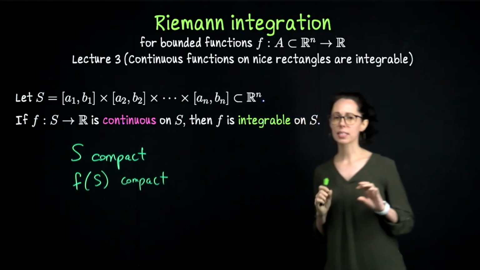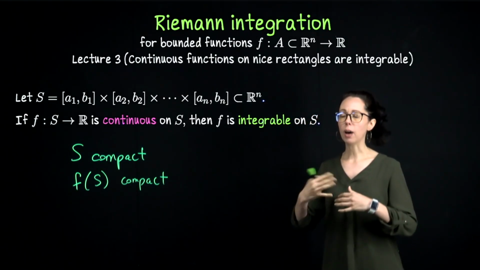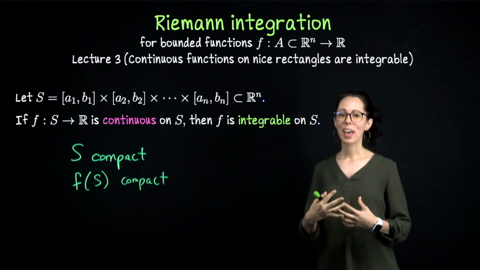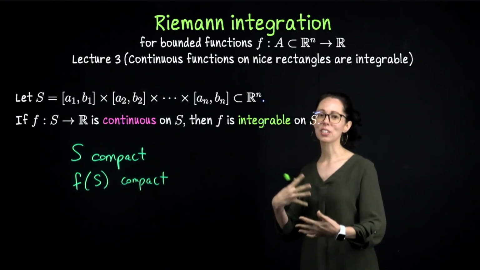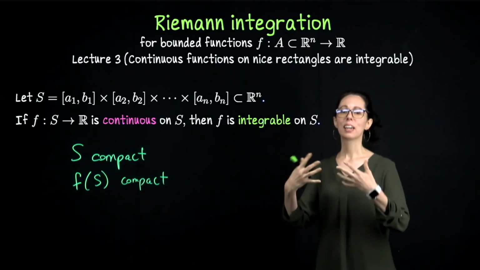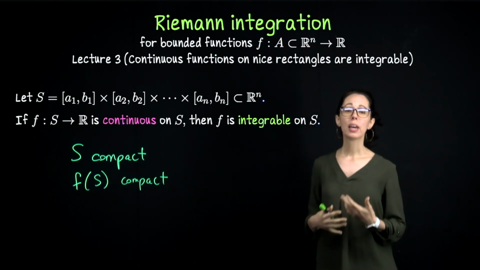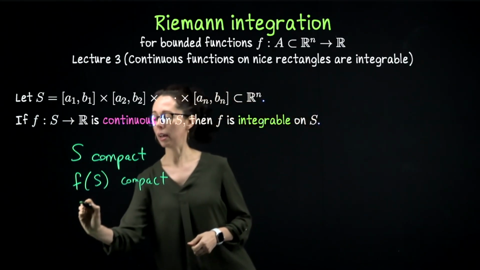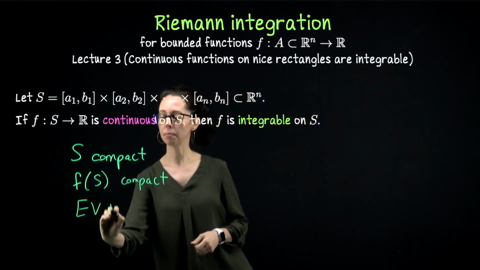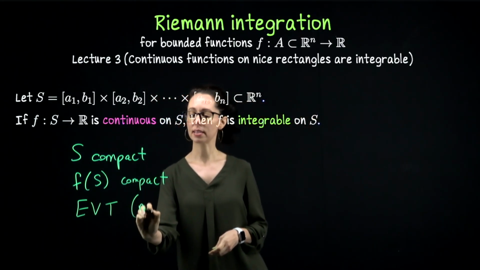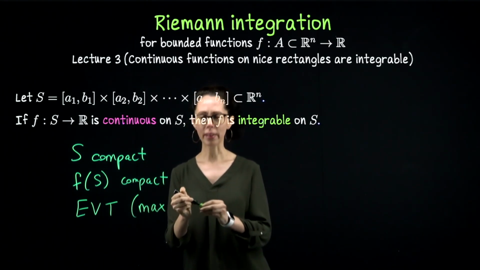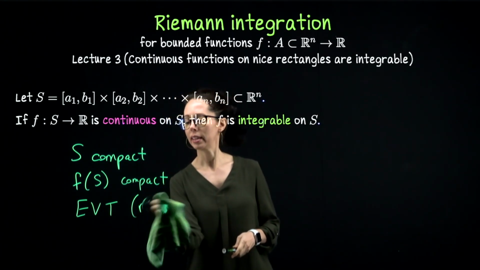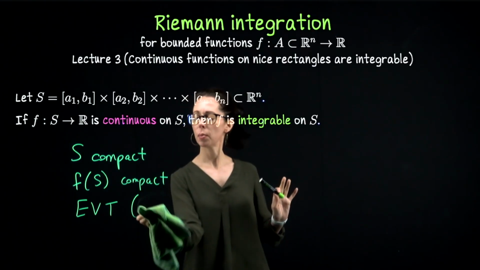Again, because f is scalar-valued, its outputs are scalars, and continuous functions over compact sets, if you didn't think of it yet, I hope it just came to you, they attain their maximum and minimum values. So the EVT, the Extreme Value Theorem, so we have maxes and mins. Maybe I'll write the sup is a max and the inf is a min. Let me explain what I mean in just a moment.